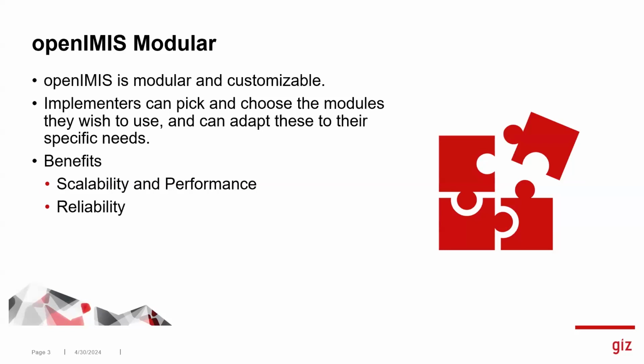As Roshan sir mentioned, they are using OpenEMIS to manage the claims, whereas the Health Insurance Board is using OpenEMIS to manage all their core processes. So each implementer can choose different modules to implement based on their needs.